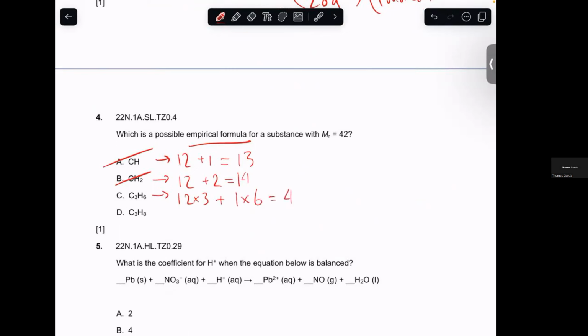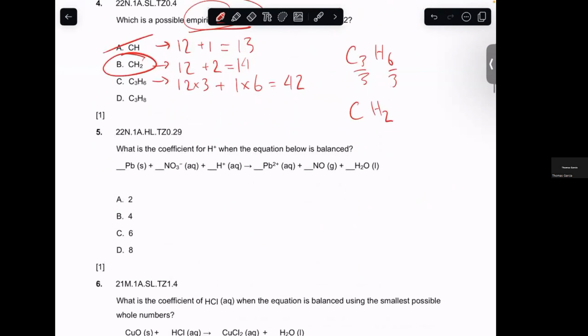Oh, that actually does equal 42. So we would think it's C3H6, but this is empirical formula. It is the simplest ratio. C3H6 in simplest terms, we can divide both by 3 and it becomes CH2. So we have to go back and realize, no. It was B, CH2, because that is the empirical formula.